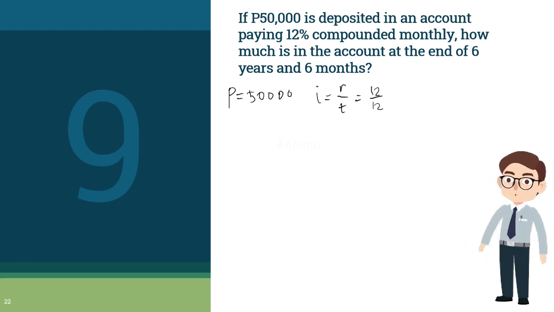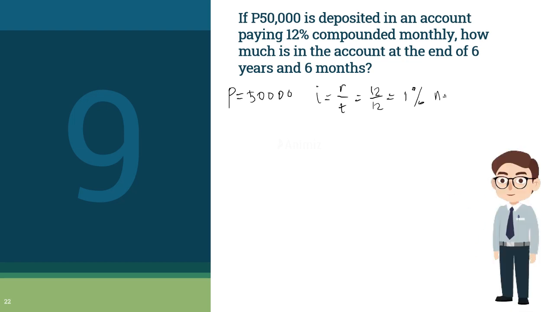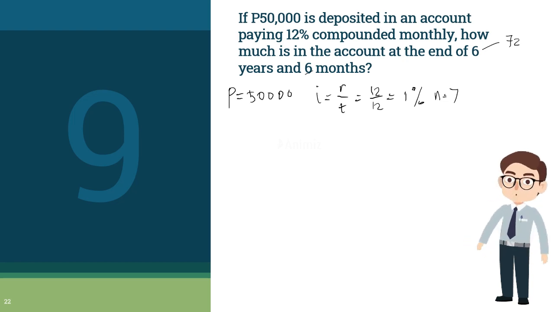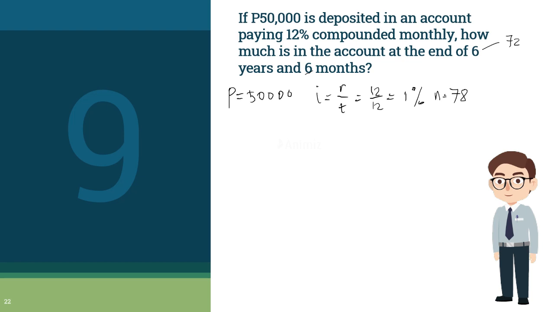So it is 1%. And then our number of periods, that is 6 years and 6 months. How many months are there in 6 years? That is 72 plus 6 months, that is 78 months, or 78 periods.